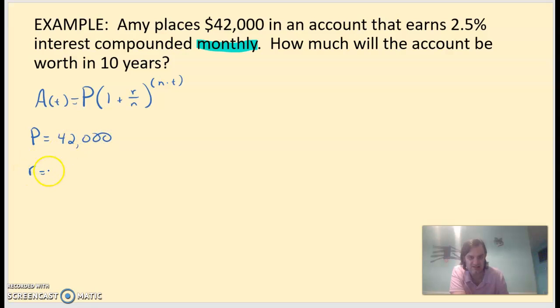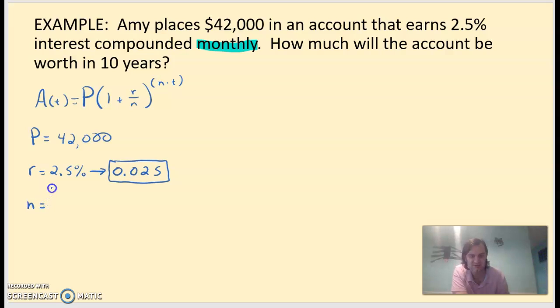The rate is 2.5%, but what we're going to use is this percent as a decimal, so we'll use 0.025. If you need to talk about how to turn percentages into decimals, you can either divide by 100 or move the decimal place over to the left twice. But if you need help beyond that, let me know.